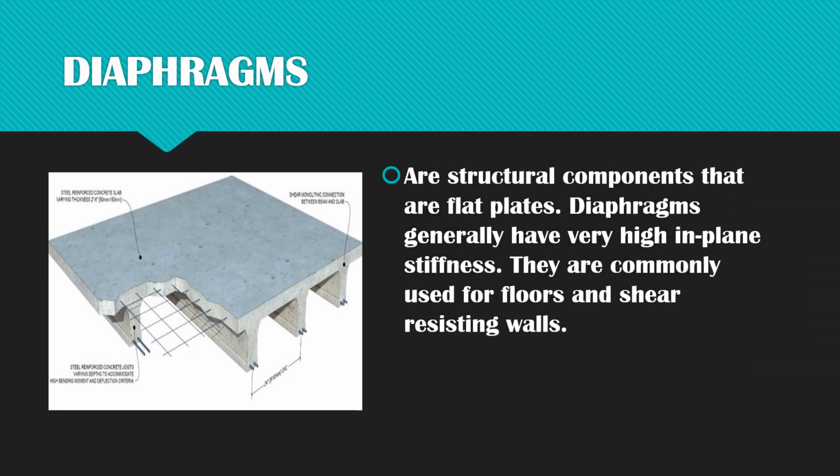Diaphragms are structural components that are flat plates. Diaphragms generally have high in-plane stiffness. They are commonly used for floors and shear-resisting walls. So it is commonly seen in structures: the slabs, the walls. So flat plates, diaphragms.